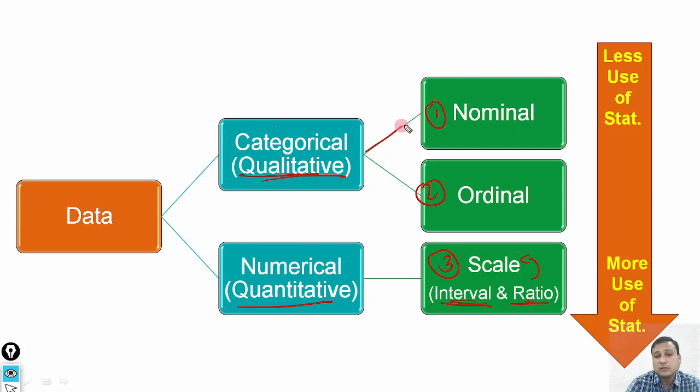Qualitative data is associated with nominal and ordinal only, so we can give very little statistical treatment on such data. Whereas if we have quantitative or scale data, then we can use more and more statistics on that data. I hope you understood this.